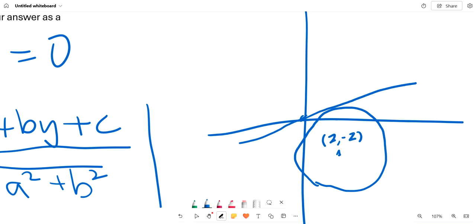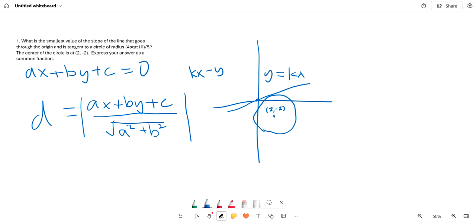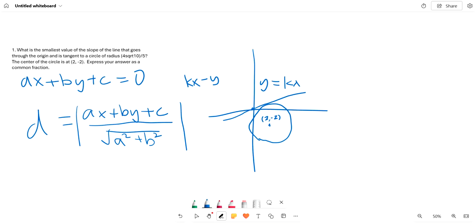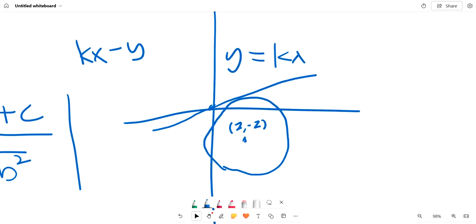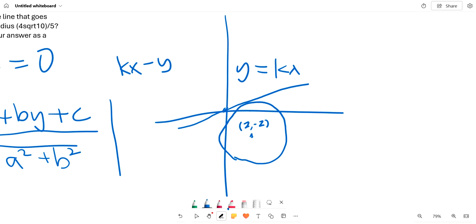Let's say that our equation of the line would be y = kx. This can also be written as kx - y = 0. To find the point, my bad, we have to find k.